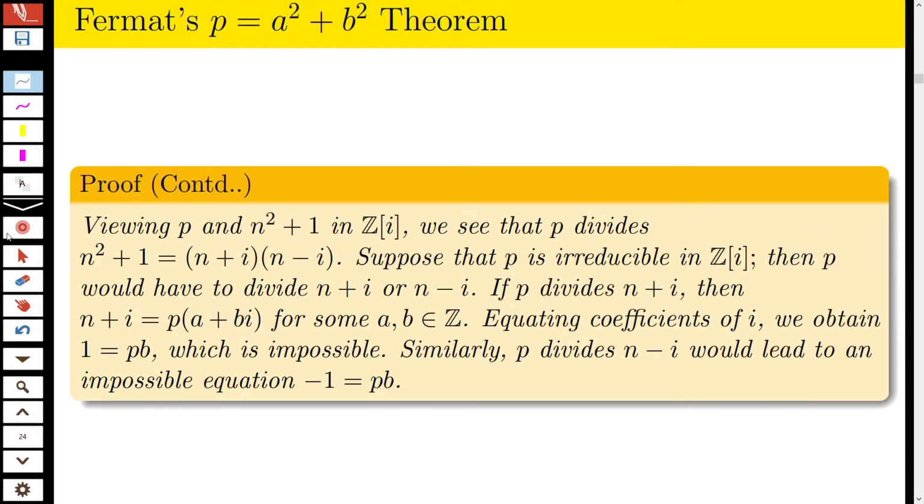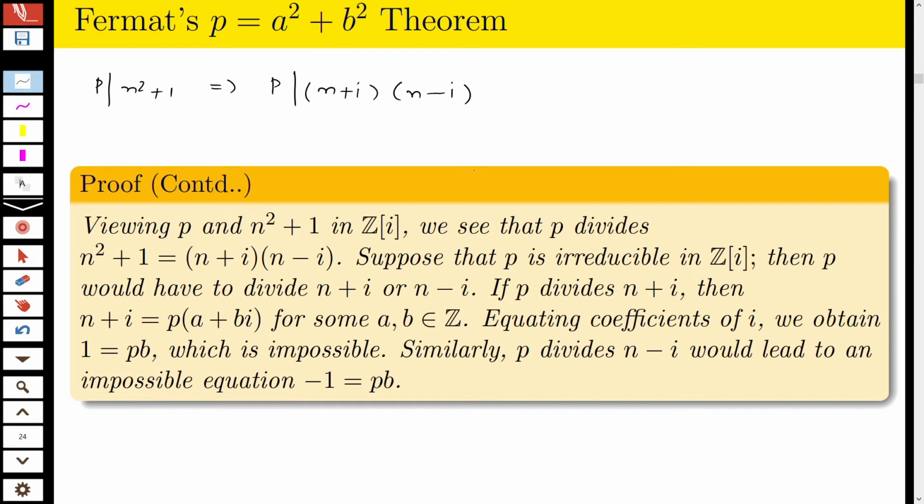Now view p and n square plus 1 as elements in Z[i]. Then p divides n square plus 1 implies p divides (n plus i) times (n minus i). Both are elements in Z[i].